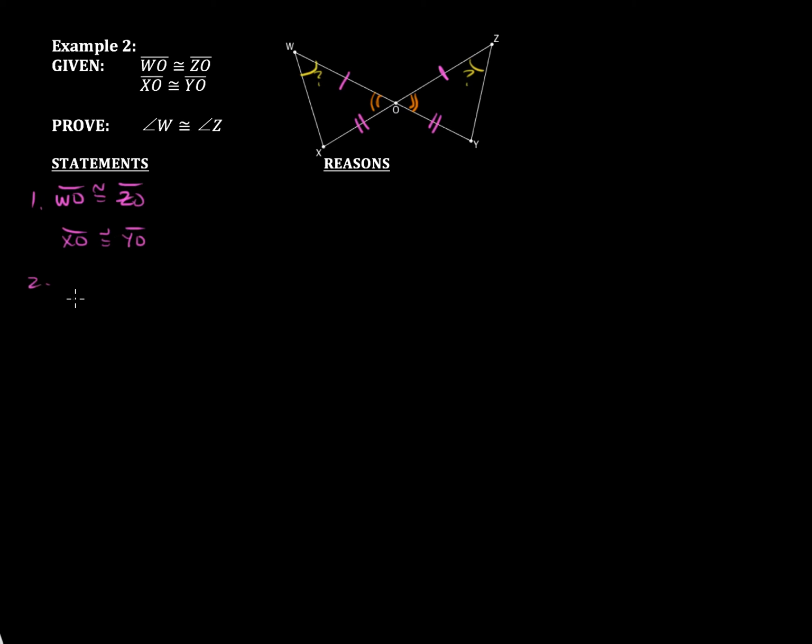Then I'm going to say that angle WOX is congruent to angle ZOY, which would mean that triangle WOX would be congruent to triangle ZOY, and if that's true, I can say that angle W is congruent to angle Z.